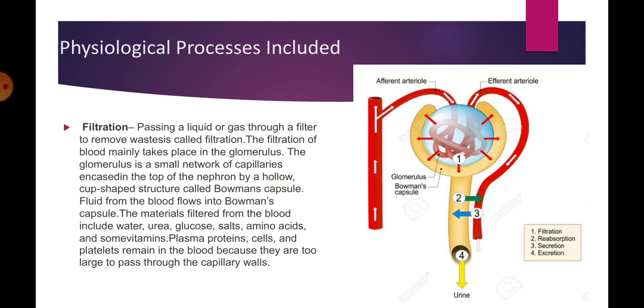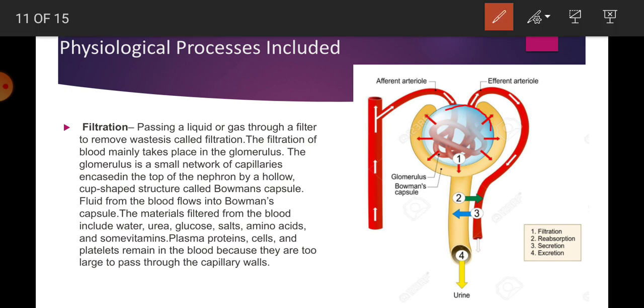We all know that filtration is passing a liquid or gas through a filter to remove waste, and in this case the glomerulus functions as the filter, and the glomerulus filters the blood. The materials filtered from the blood include water, urea, glucose, salts, amino acids.